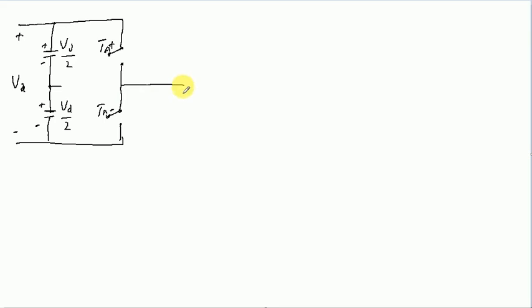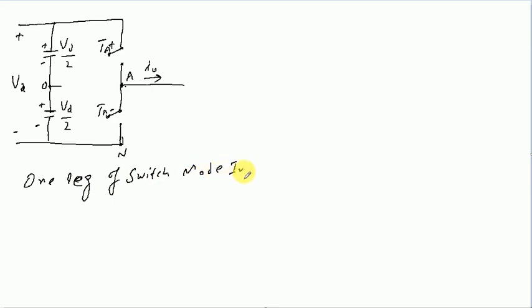So these are actually the two points. This will have the output voltage connected across them, this and this one. This point is labeled or referred to as N, this as O, and this one as N. This arrangement is called one leg of a switch mode inverter.